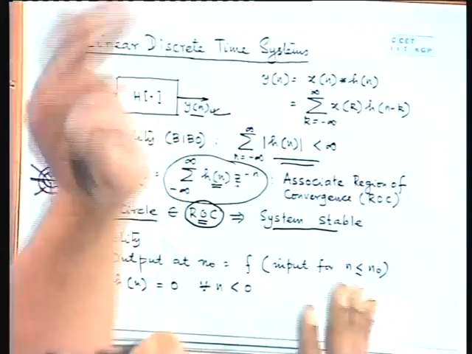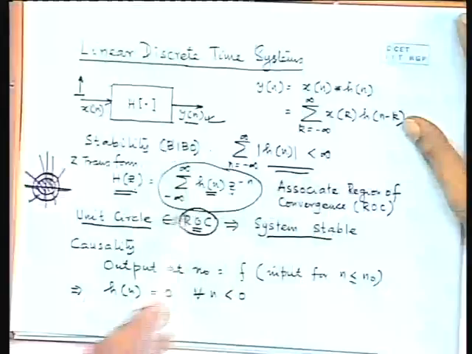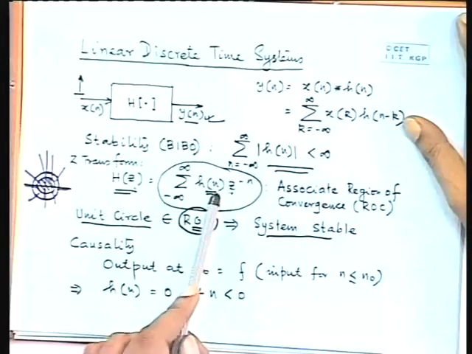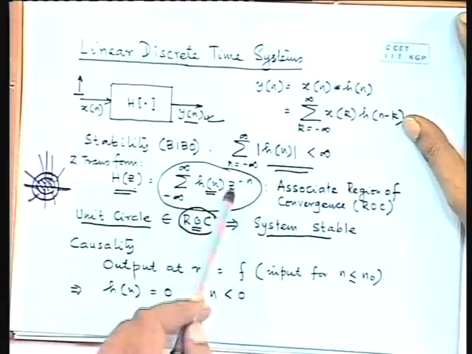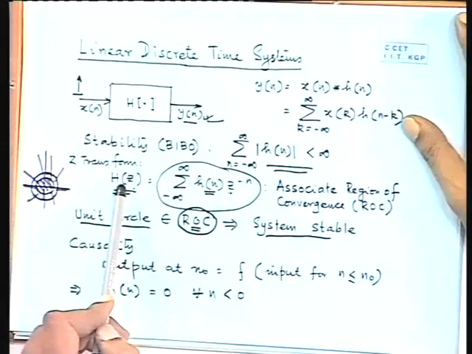It cannot be a function of an input which has not yet occurred. You are standing at time t. How can anything be affected by an input at t plus 10, because it has not yet come, right? So it's a very intuitively meaningful requirement. But this model, it means certain things. It means, when will this system be causal?